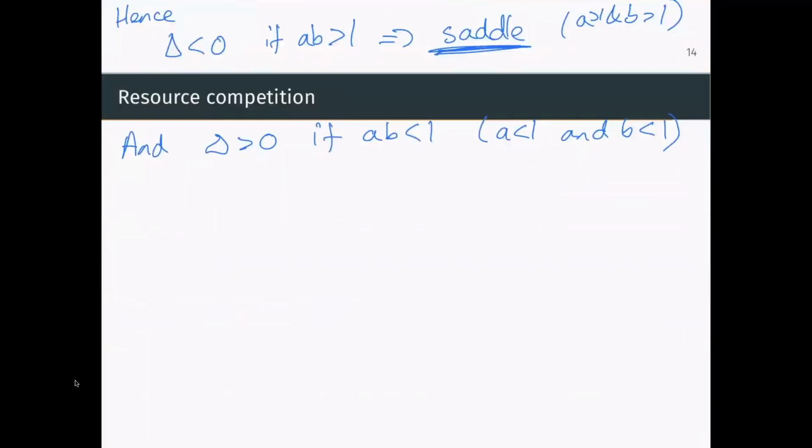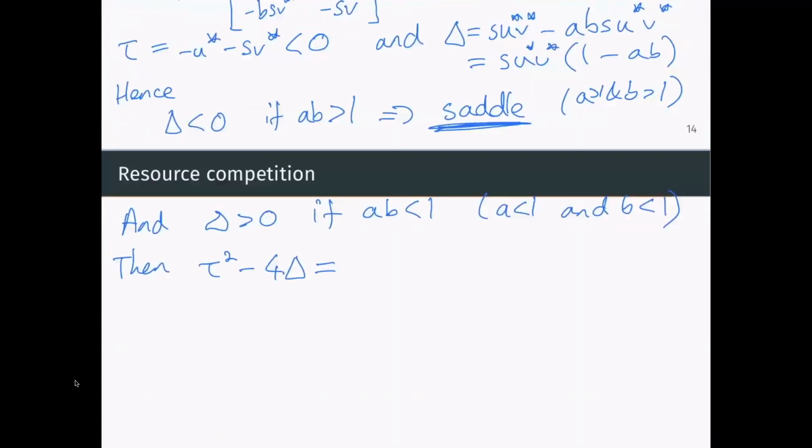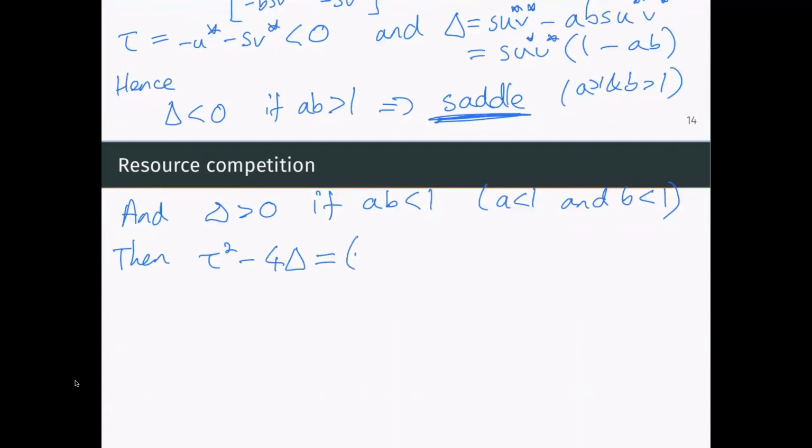So let's think about our trace squared minus 4 times our determinant. Our trace was minus U minus SV. So if we square that, we're going to have U plus SV squared. We want to subtract 4 times our determinant. Our determinant was SUV times 1 minus AB. We can drop this bracket here.